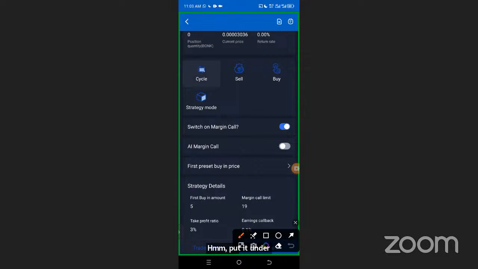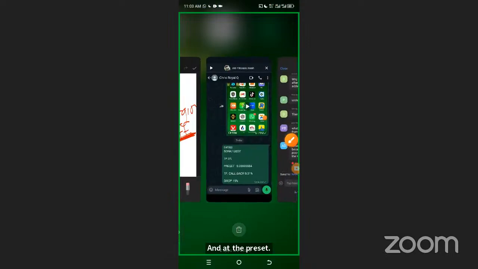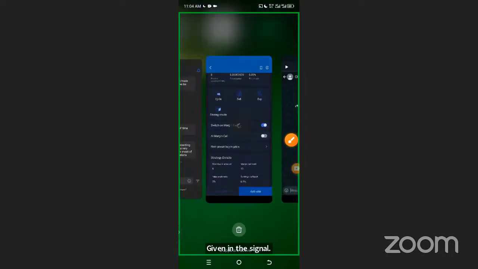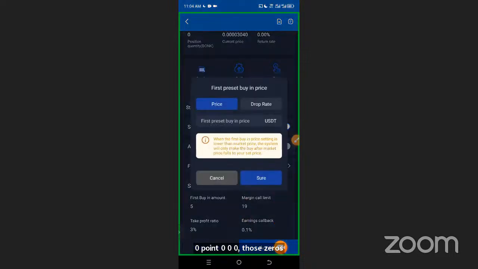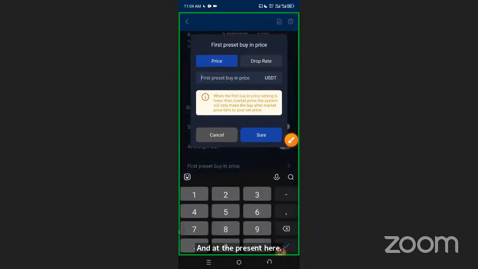Enter the preset. The preset is given in the signal, 0.0000, those zeros. Enter the price here, 0.0003.